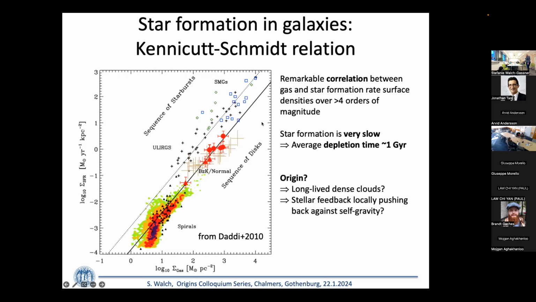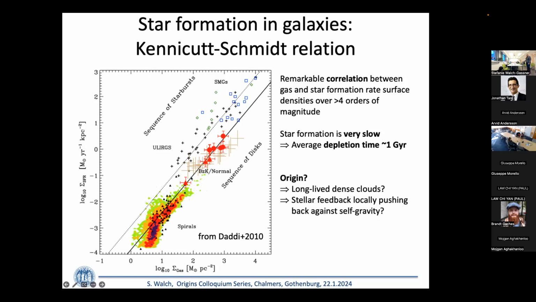You can also see this in the Kennicutt-Schmidt relation, which relates the star formation rate surface density on the y-axis to the gas surface density. And this is for many different galaxies. We can also do a resolved study now within nearby galaxies, going down to scales of 10, 50 parsec or so, in PHANGS, for example.